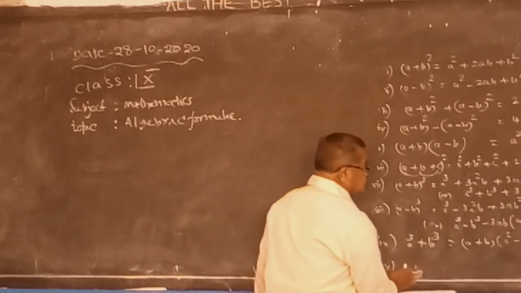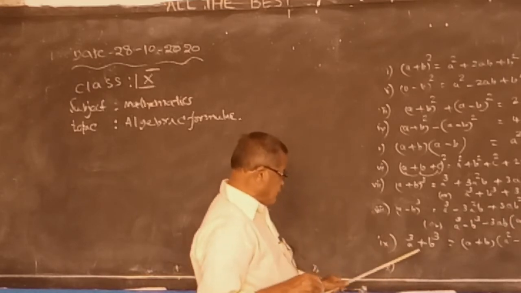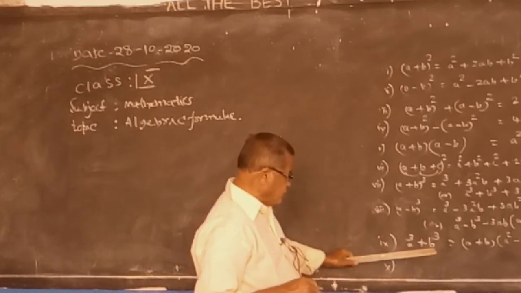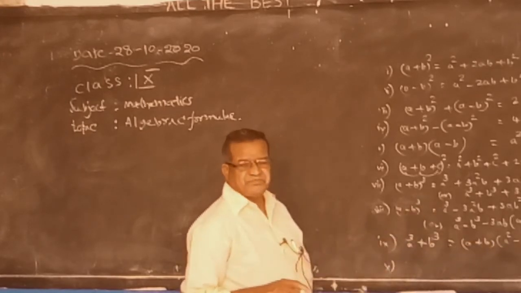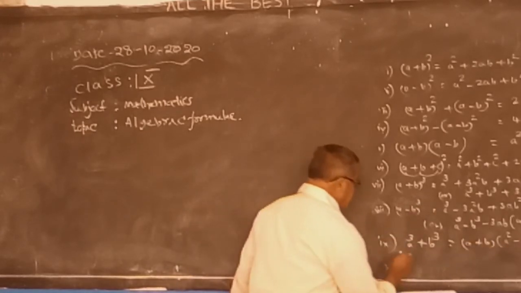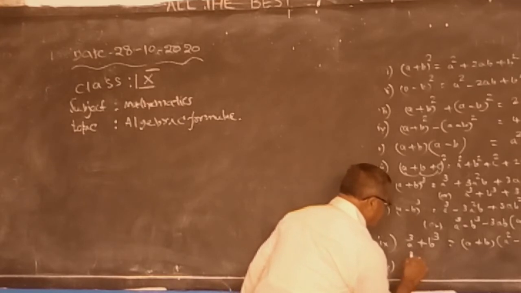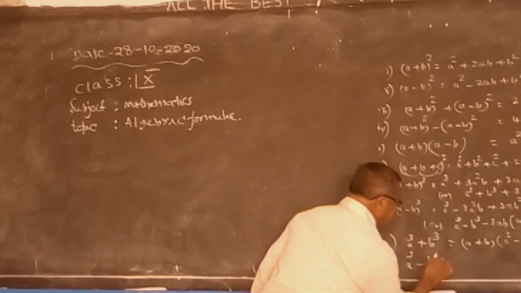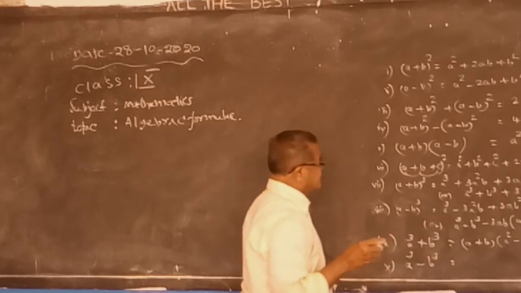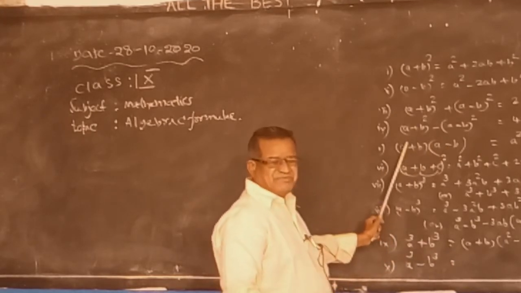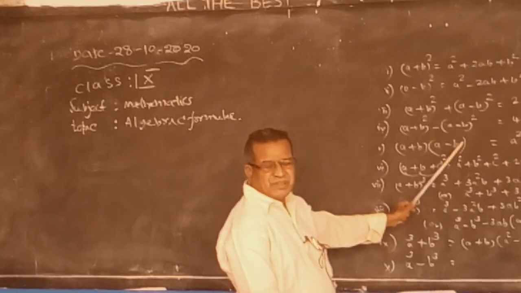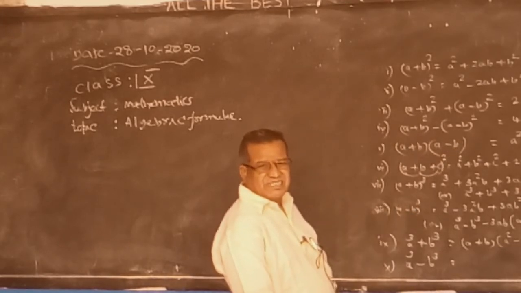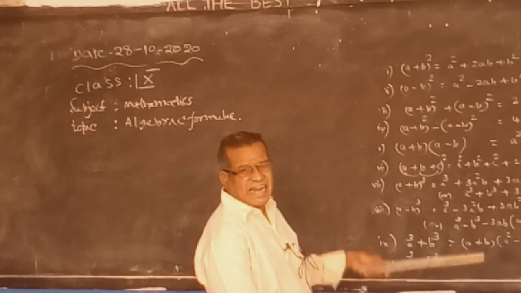Now, if we give any values, 2, 3, we can write others. Similarly, a cube minus b cube. These are actually actual multiplications. If we multiply (a plus b) into (a minus b), we get 4 terms. Among the 4 terms, 2 terms are cancelled.